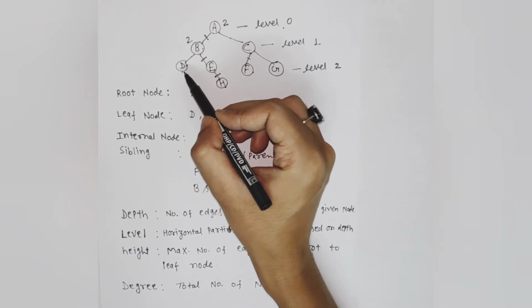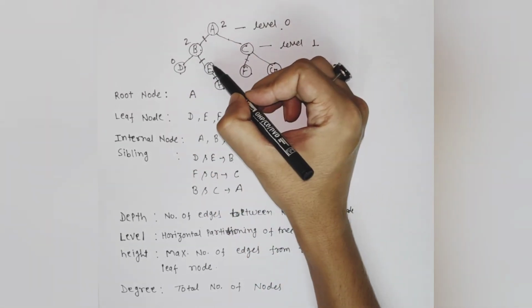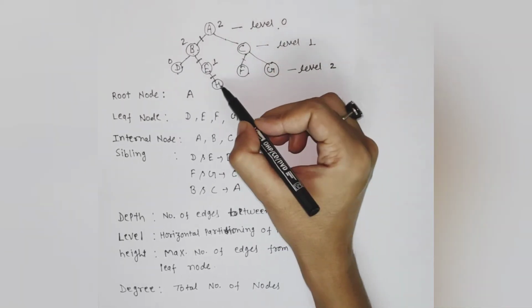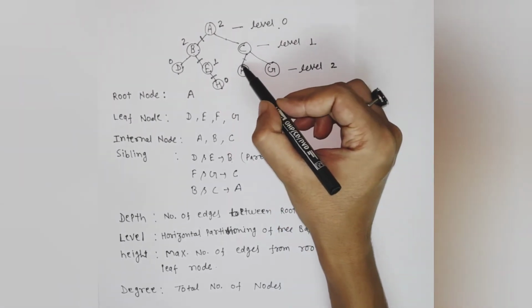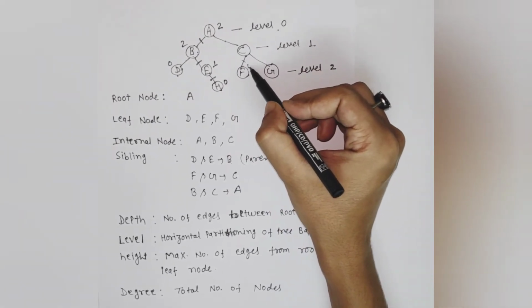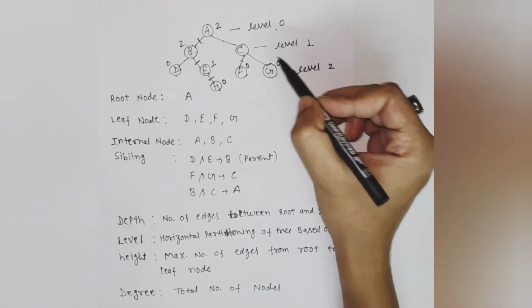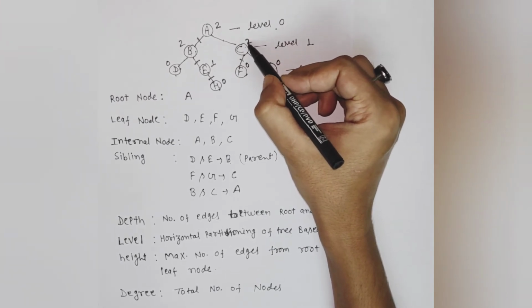And D doesn't have any children, so D has degree 0. Similarly, E has only 1 child. And H has no child, so 0 degree. F is also at 0 degree. G has 0 degree. For C there are 2 children, F and G, so 2 degree.